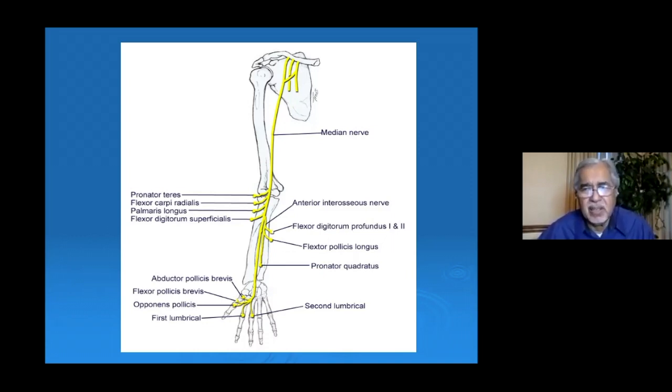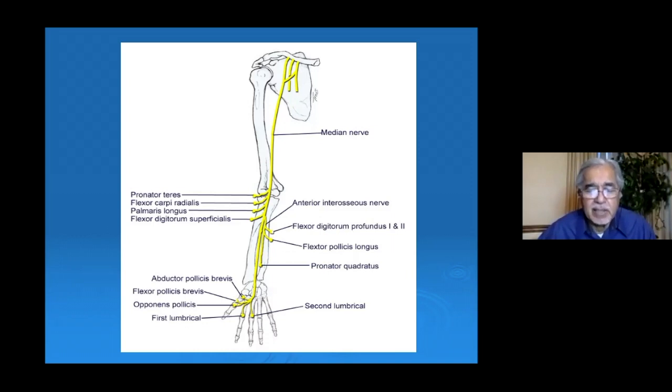So this is a feature of the median nerve, which basically supplies a few muscles: pronator teres, flexor carpi radialis, palmaris longus, flexor digitorum superficialis. And the anterior interosseous nerve supplies flexor digitorum profundus, flexor pollicis longus, pronator quadratus.